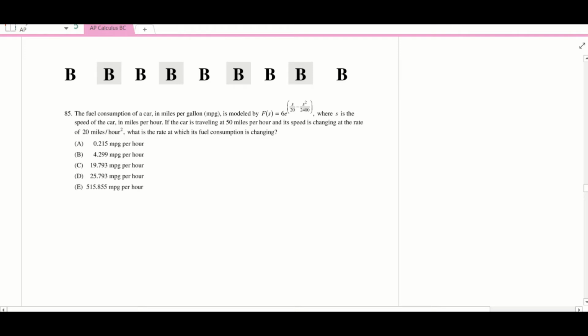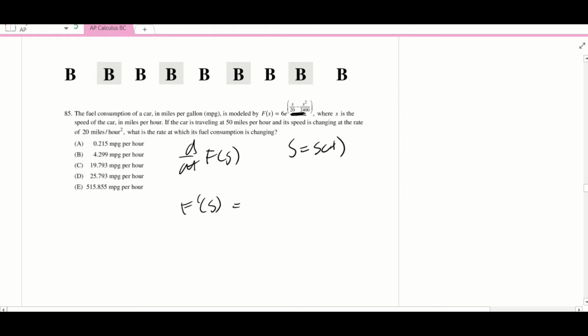Well, we want d over dt of f of s, where s is some function of t. So we can just differentiate this with respect to t. So f prime of s with respect to t is equal to, using the chain rule, we just differentiate this up here.